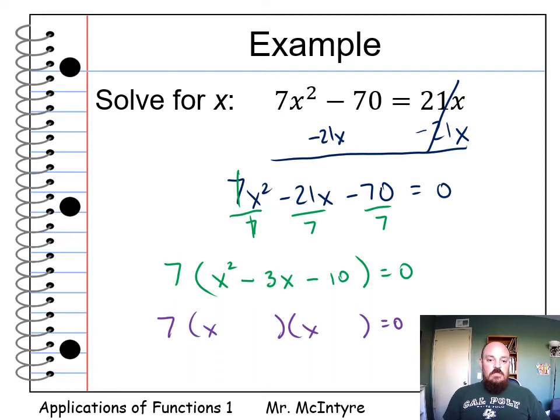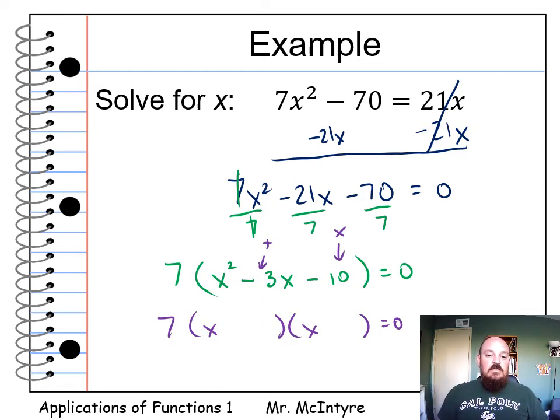Now for this part of the question, we are looking for two numbers that multiply together to give me negative 10 and add together to give you negative 3. Now, when we first learned how to do this question, I had you guys make the list and look for your choices. As you get more and more practice and it gets easier for you, you can start running through them in your head.